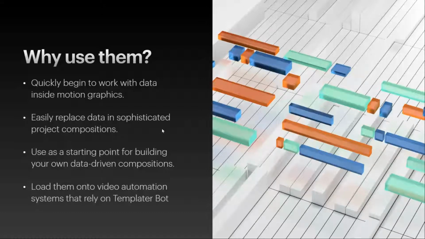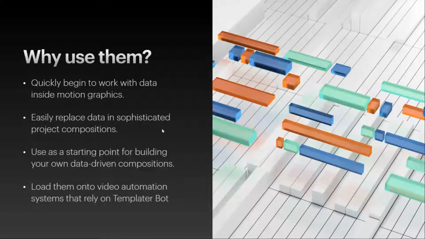You can quickly begin to work with data inside of motion graphics, and it makes the learning curve less steep for learning our software and how to bring data to the table inside of your creative assets. The more complex and sophisticated these After Effects projects get, the harder it is to actually change content, to change data like text, colors, photos, media replacement, things like that.